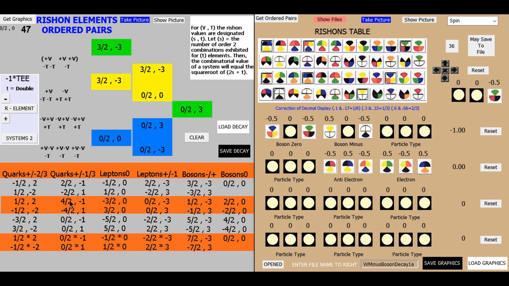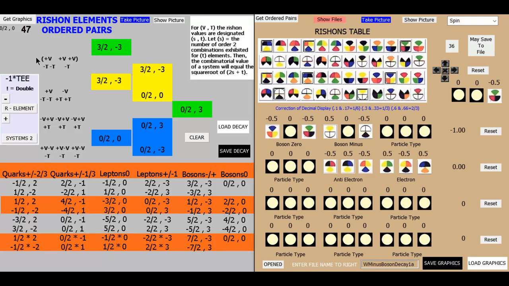Let's take a look at decay of the vector W boson. First, in terms of the ordered pairs of the combinatoric schema. And so here we have a scalar boson minus represented by the ordered pair S equals 3/2 and T equals -3, which maps to the T and V assemblies.